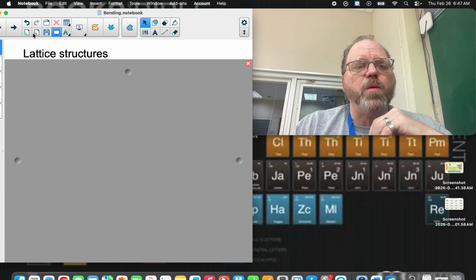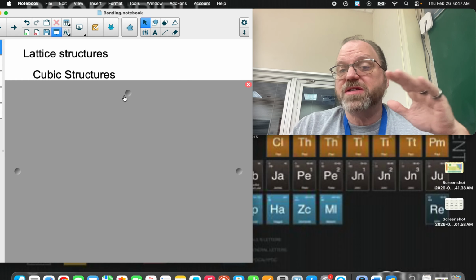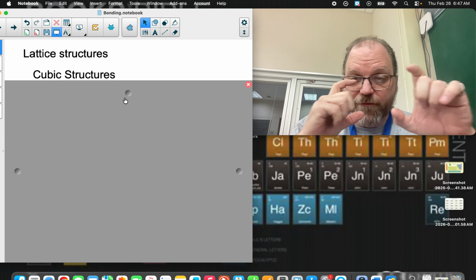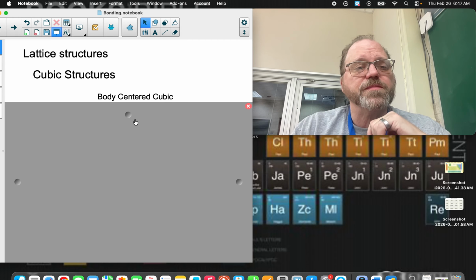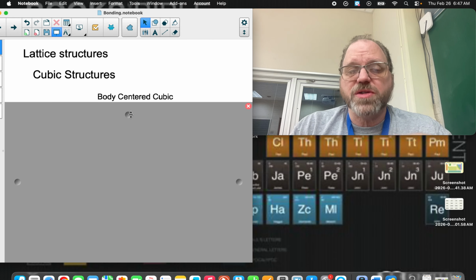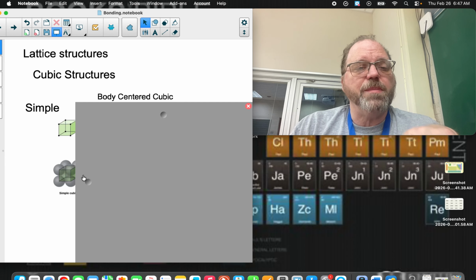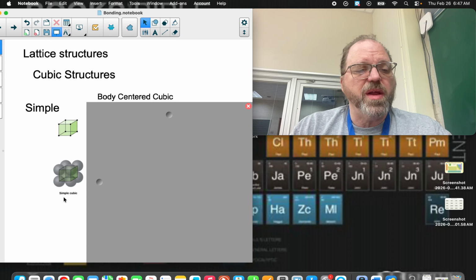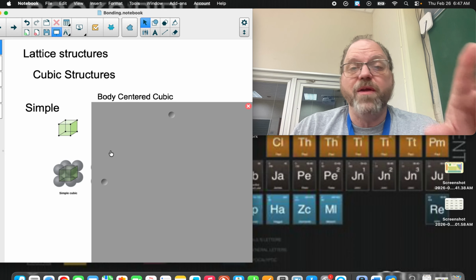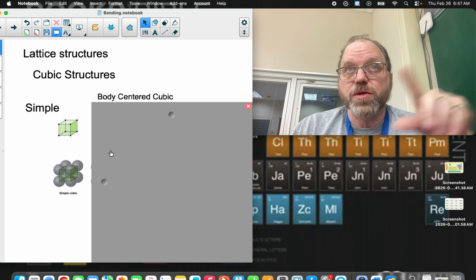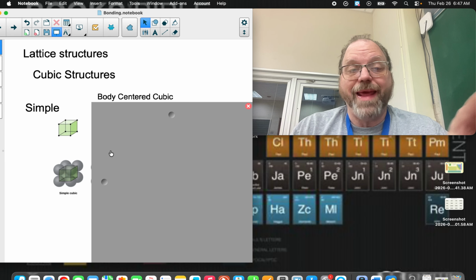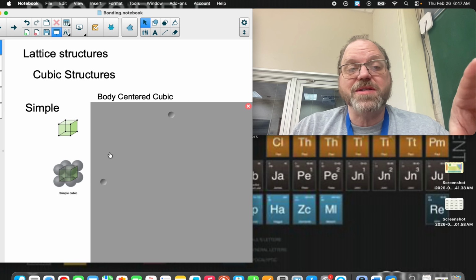Now, the only thing that we will need to know is the structures of lattice, and these are basically cubic structures. They're three-dimensional squares. The simplest is called the simple cube, and it has 8 corners, 1, 2, 3, 4, 5, 6, 7, 8, each 1/8 of a total atom inside of there.